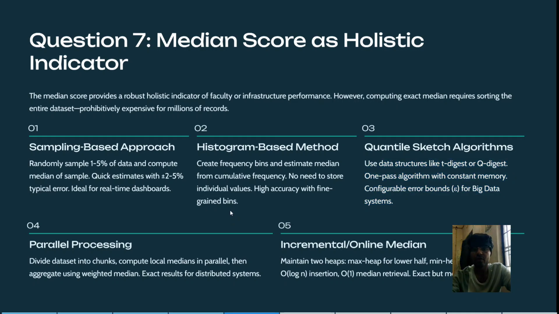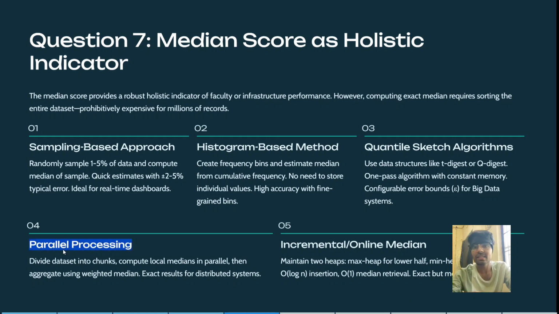They provide configurable accuracy. You decide how much error you can tolerate. This is what big data systems like Spark and Hadoop use internally. You can get 99% accuracy with a very small memory footprint.